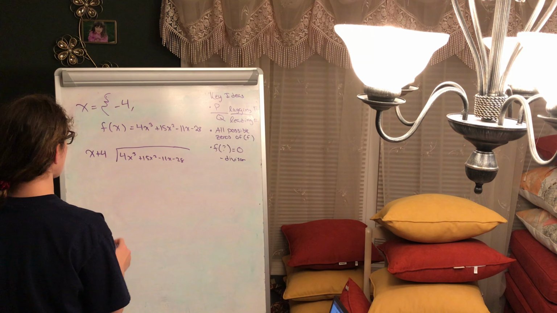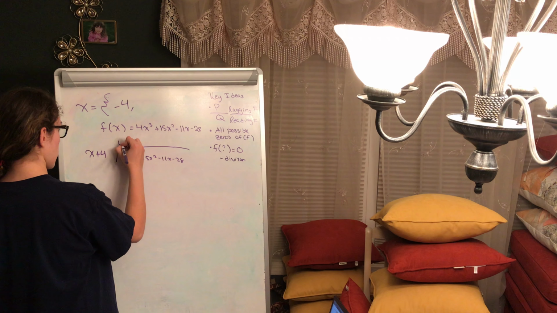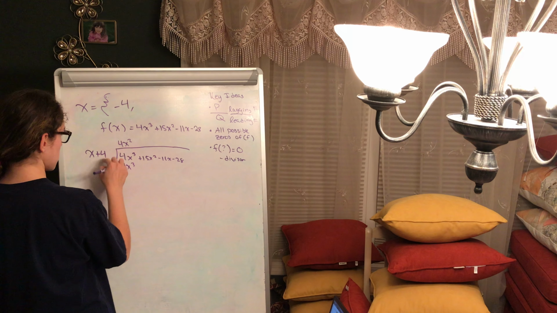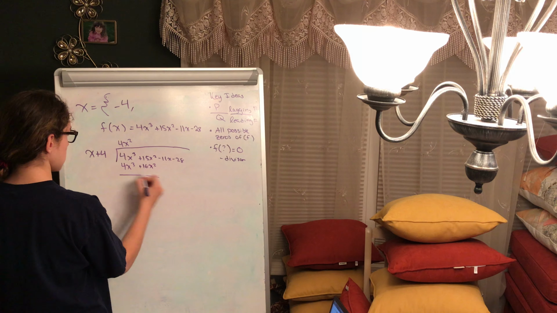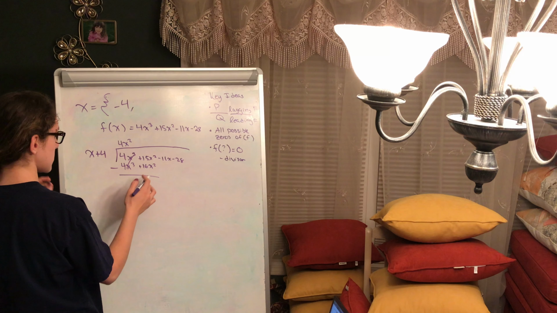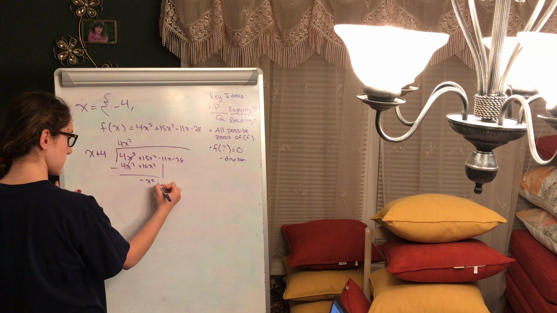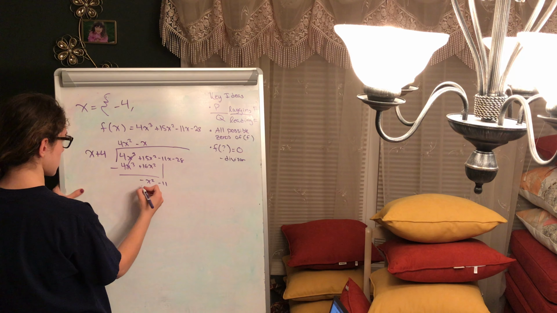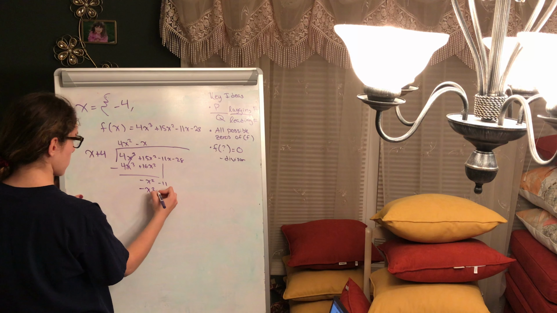Okay, so x times what is going to give us 4x cubed? Well, just 4x squared. Multiply that, we get 4x cubed plus 16x squared. Subtract: 15 minus 16, -x squared. Bring down the 11x. Okay, we have -x, it's going to give us -x squared minus 4x.